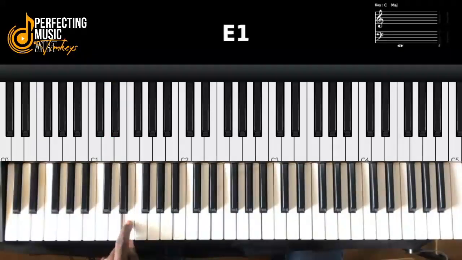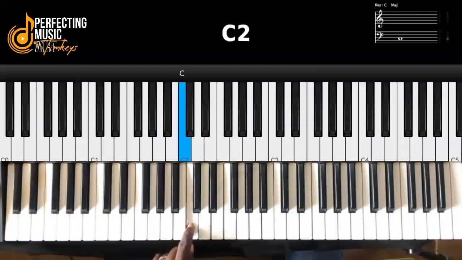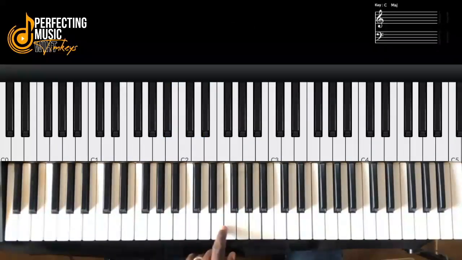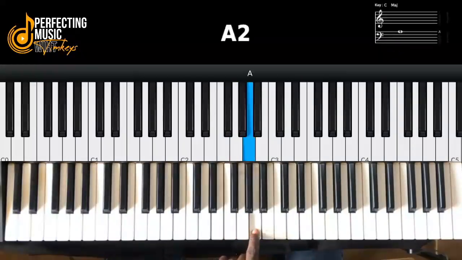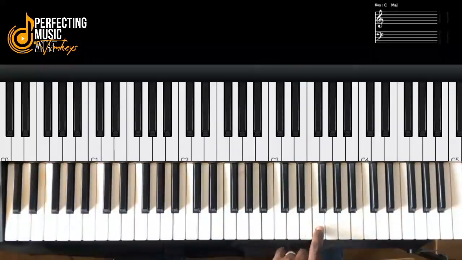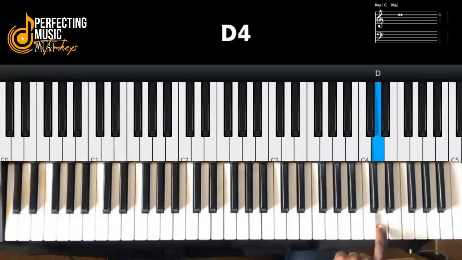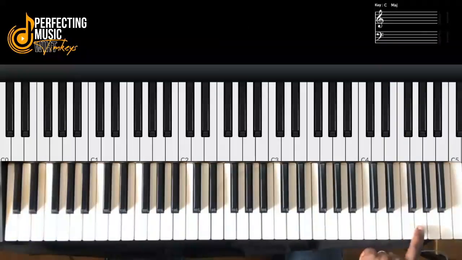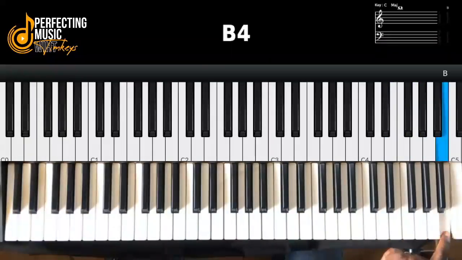Again, D, E, F, G, A, B, C, D, E, F, G, A, B, and then lastly C. So now, for this whole week, practice identifying the keys of the keyboard.